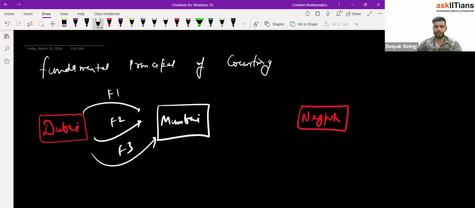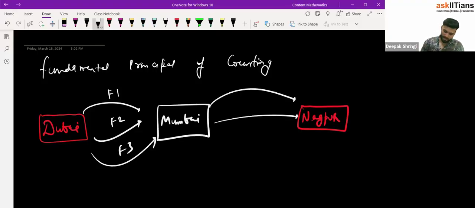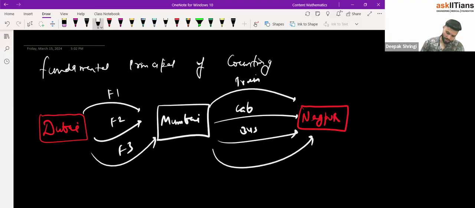Now from Bombay to Nagpur there are also multiple ways. One can take a train, one can take a cab, one can take a bus, or one can also go by bicycle. अपनी choice. Correct?